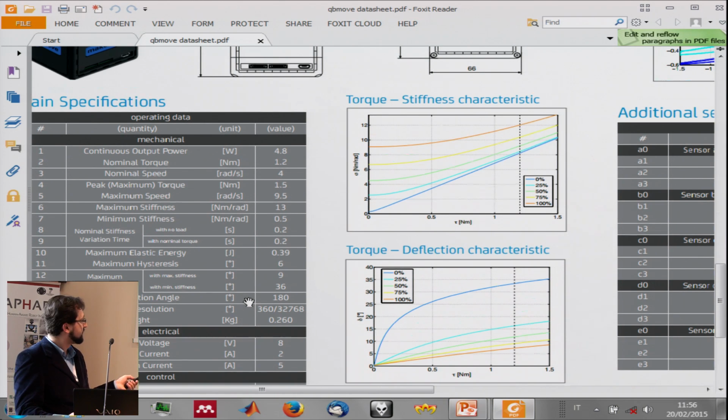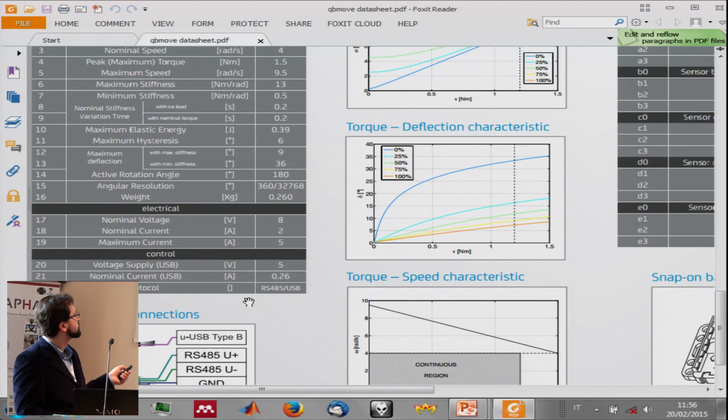Then we have the electrical characteristic of the system. So you have the nominal voltage and the nominal current that the system absorbs when it's in nominal working condition. And then you have the peak current that the system will absorb when it's in peak functioning condition. Also here you have some information related to control.